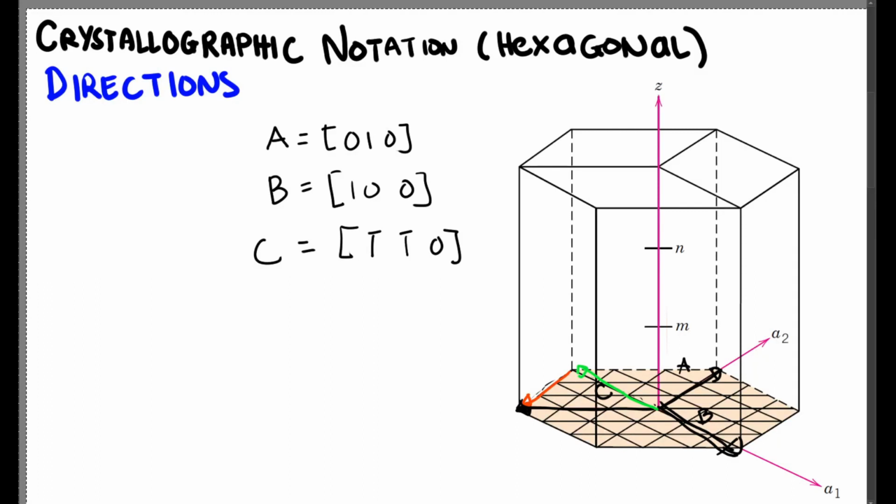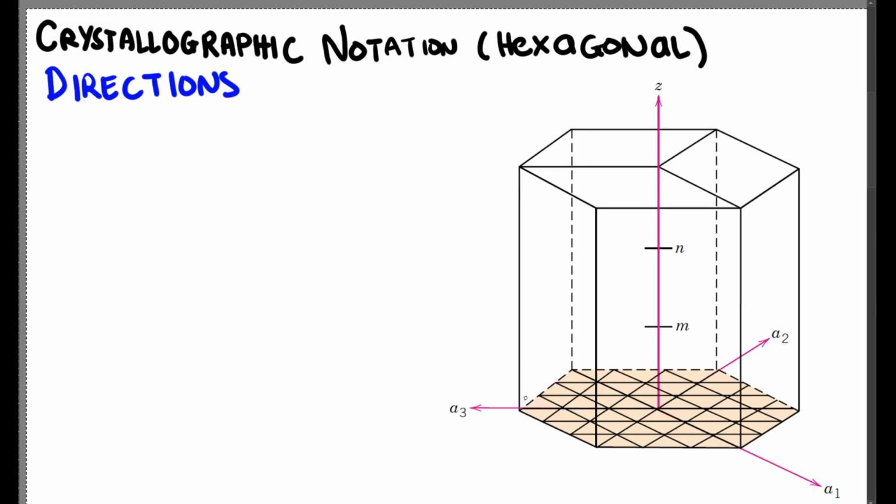In the Miller-Bravais coordinate system, again, we use four coordinate axes. a1, a2, and a3 are in the basal plane, and each of these has 120 degrees separation from each other. And we have a fourth axis here, the z-axis, which is perpendicular to a1, a2, and a3.